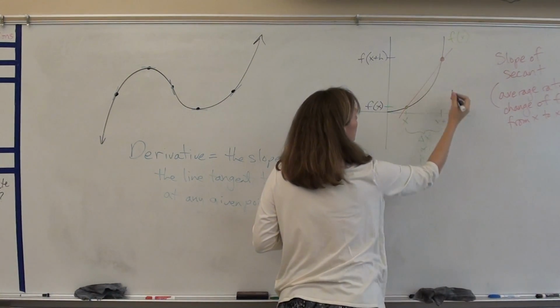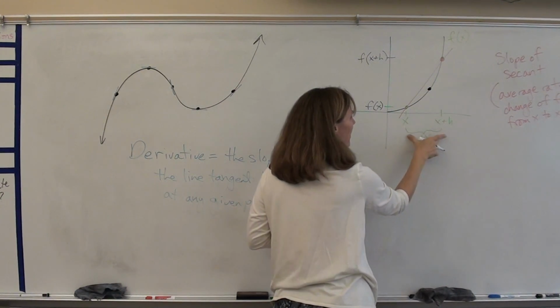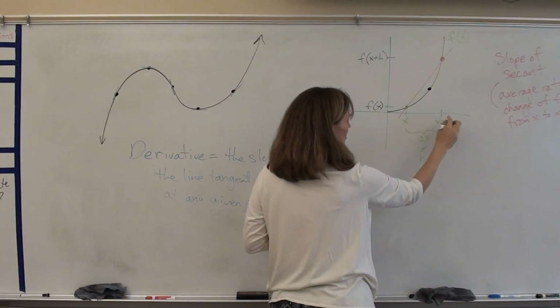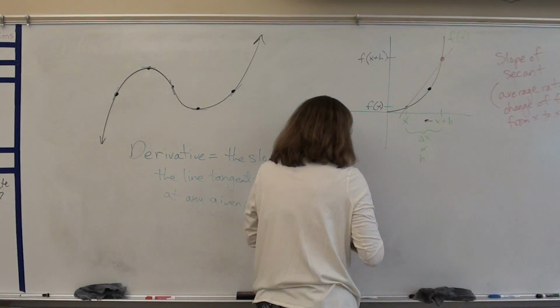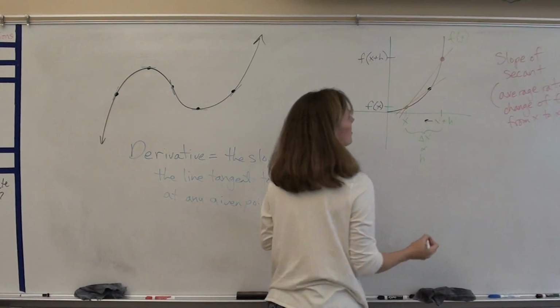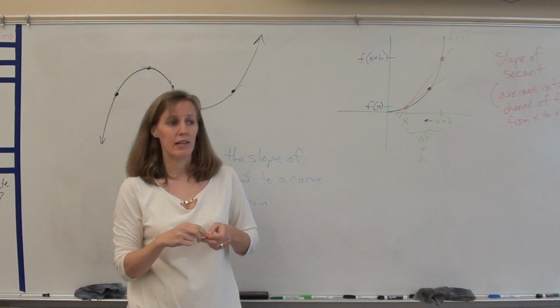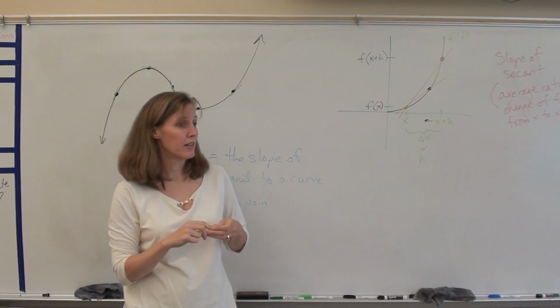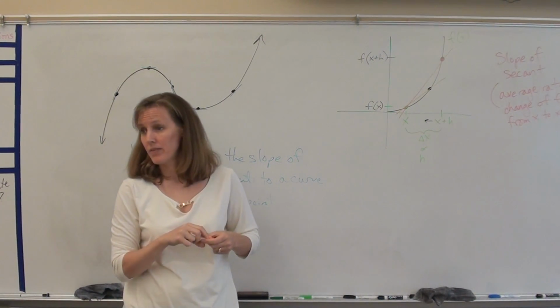If I move this point down here, so I make my h a little bit smaller, I'm going to move it in a little bit and draw a new secant line. Is that a better approximation? Yeah, it's better. Is it exact? No, it's still an approximation. It's better, but it's not great.